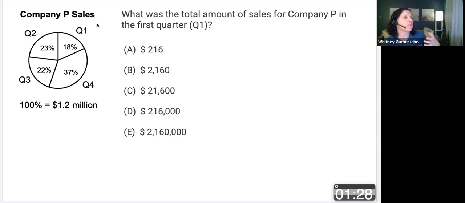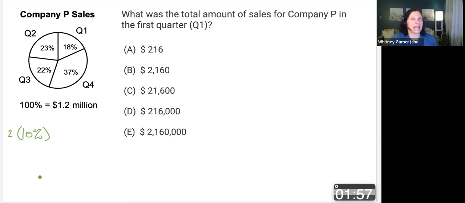So I want the total sales for this company in Q1. Well, I know that Q1 is 18% of 1.2 million. Here's the deal. If Q1 sales are just 20%, which is about a fifth, think about 20% as being 1/5, or 10% times 2.